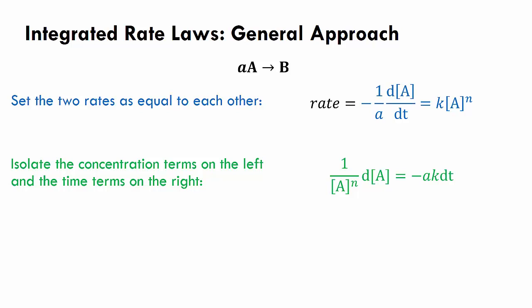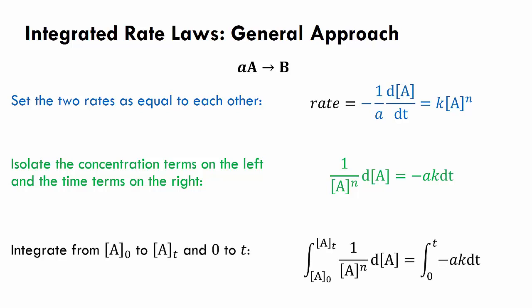We can then take the left side, which depends only on concentration, and integrate it from the concentration at time 0 to the concentration at time t. On the right side, which depends only on the time, we can integrate from time 0 up to time t.